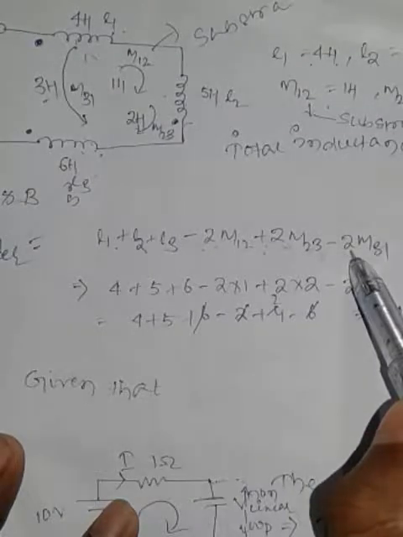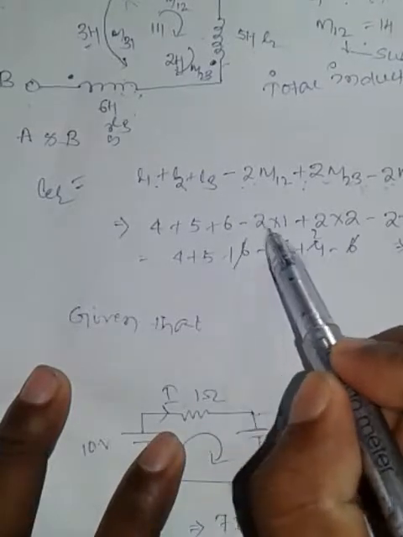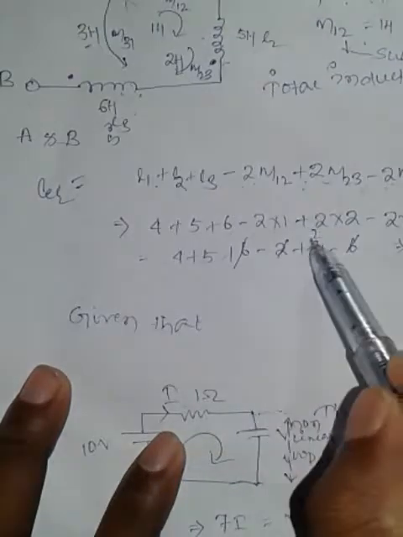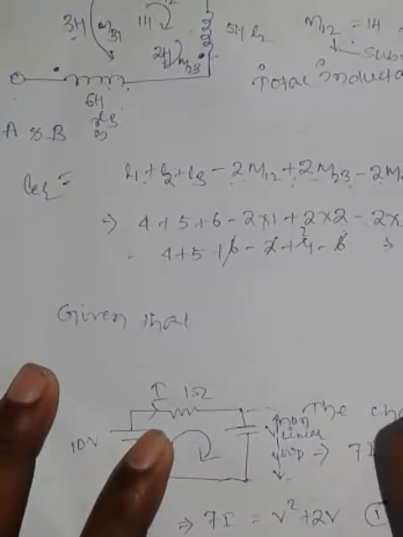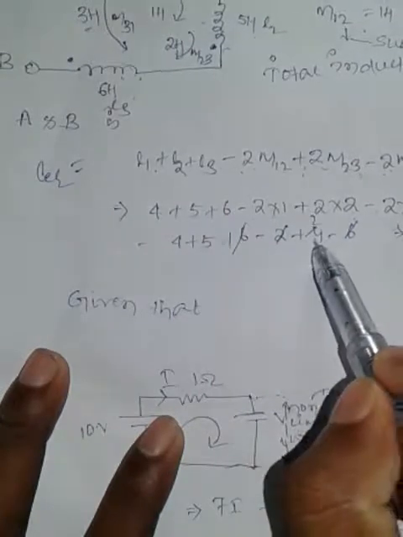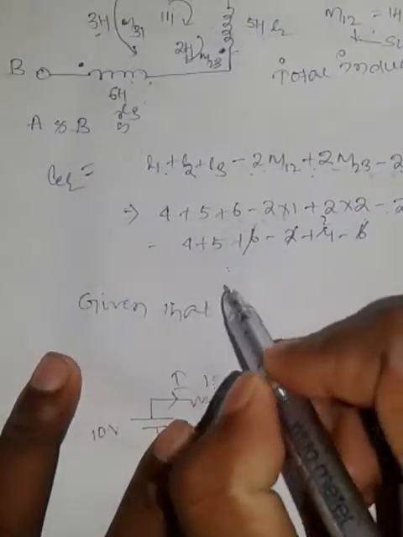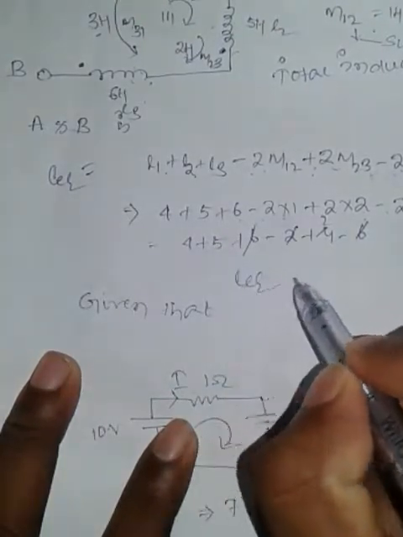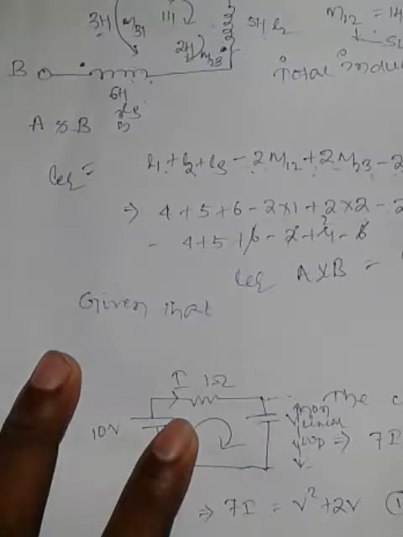So 4 plus 5 plus 6 minus 2 into 1 plus 2 into 2 minus 2 into 3, so we get 11 Henry. The equivalent inductance at terminals A and B is 11 Henry.